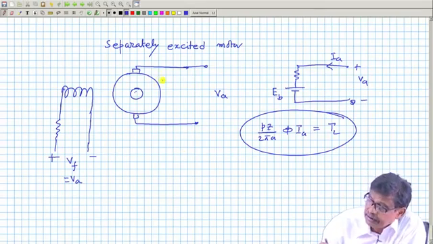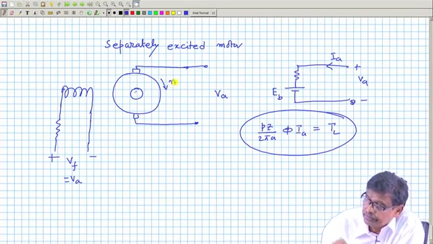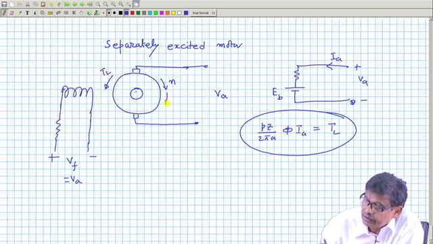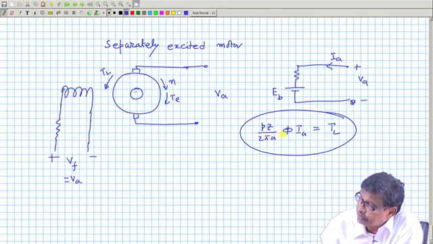If the machine starts rotating this way, the mechanical load torque will be this way and the electromagnetic torque is this way. This is the expression of the electromagnetic torque.